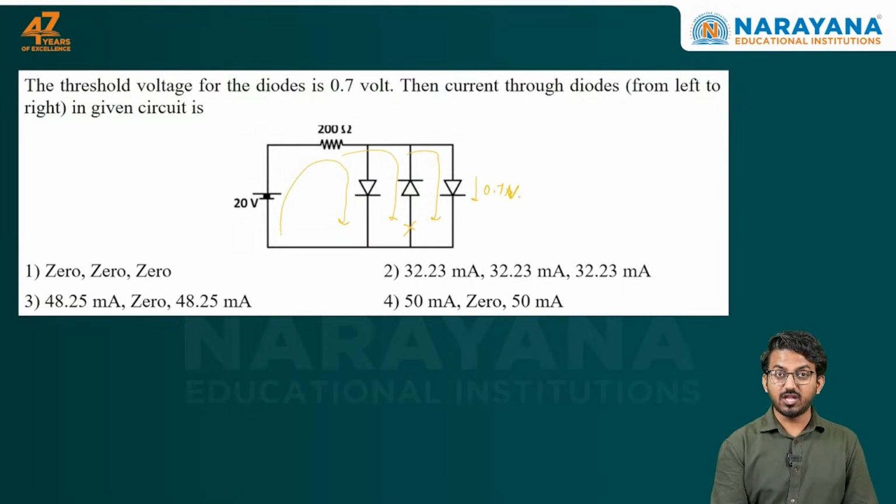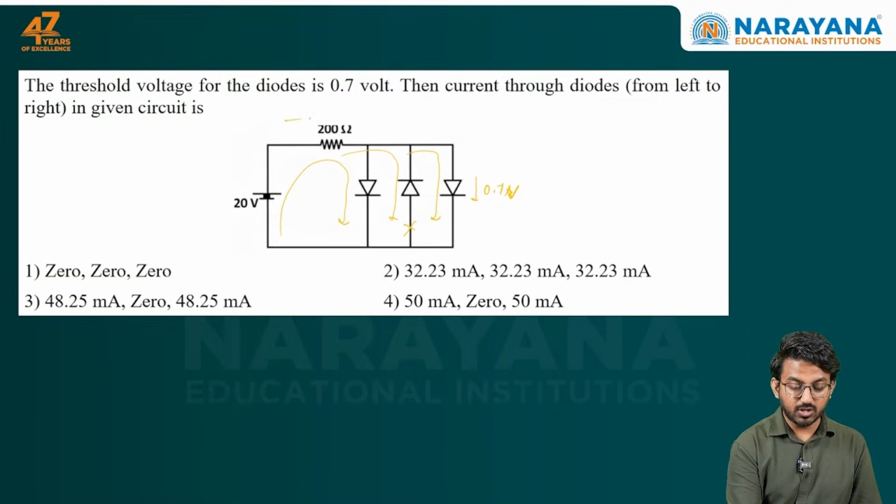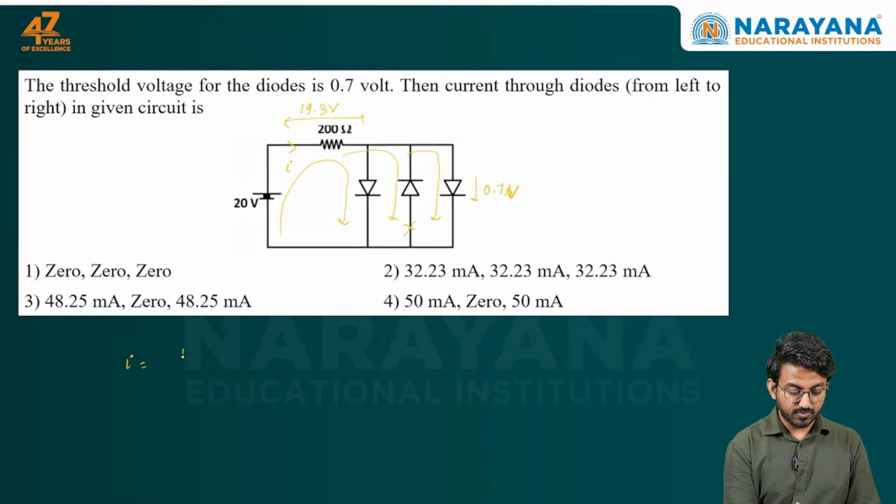If voltage across this part is 0.7 volt, voltage across this resistor is going to be the remaining 20 minus 0.7, which is 19.3 volt. So current through the resistor is going to be some I, and that I is going to be 19.3 divided by 200 ampere.